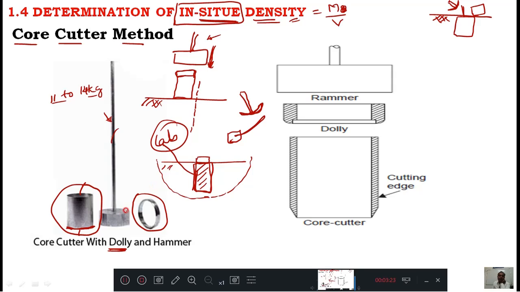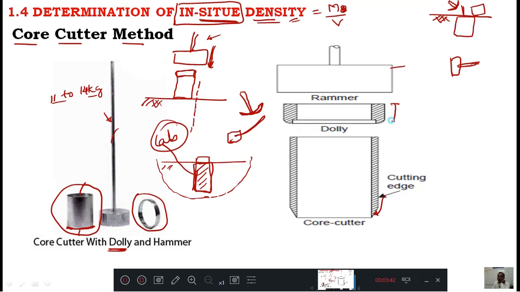From an exam point of view, you need to draw this diagram of a core cutter. This is the cutting edge. This is a rammer. We will not call it a hammer; it is a rammer. And this is the dolly.